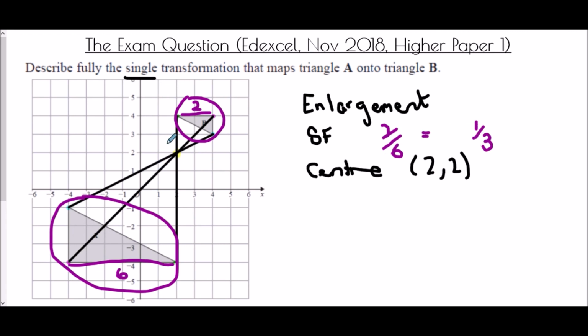But this one being the fact that the shape has changed orientation and that we've gone through a centre of enlargement, it is a negative scale factor, and therefore this is an enlargement. Scale factor negative a third, centre 2, 2.